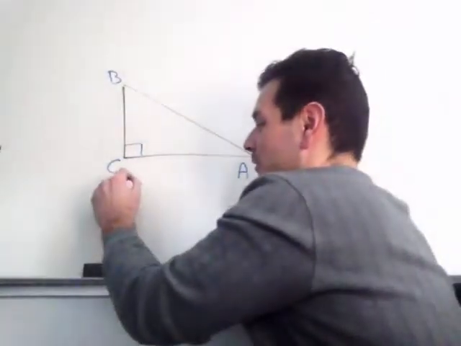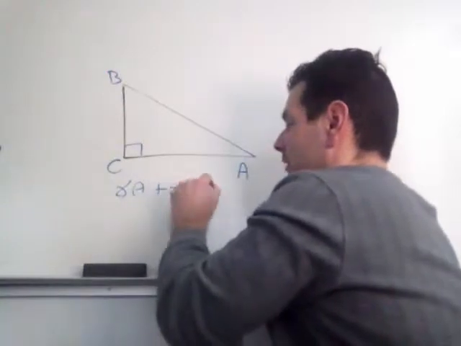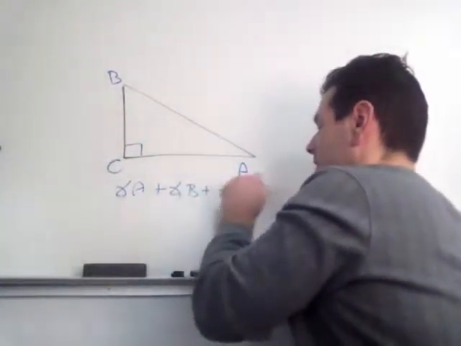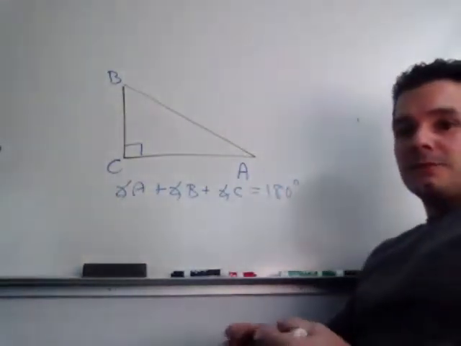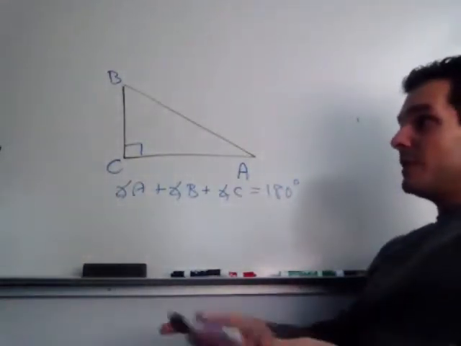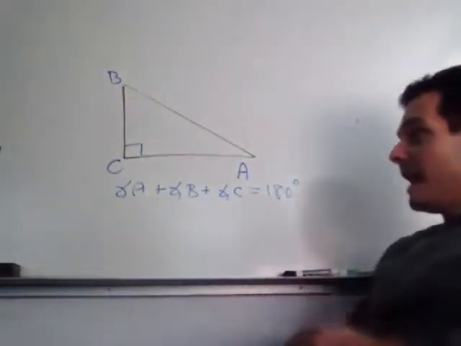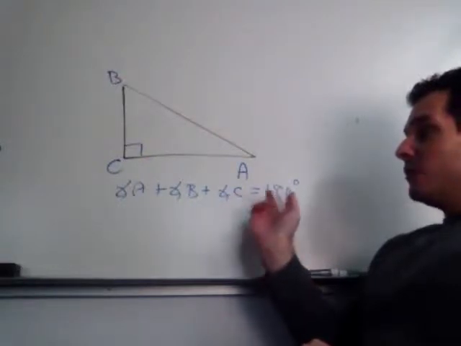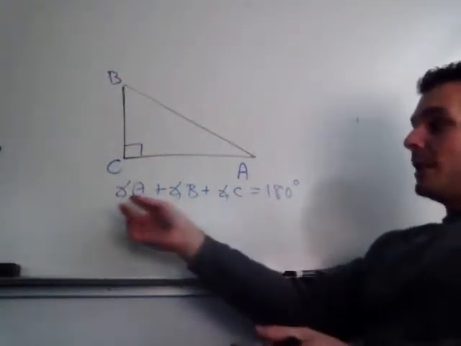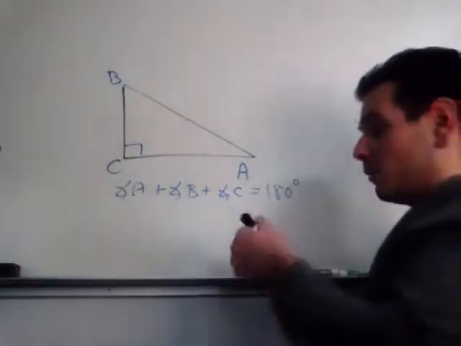That would generally be written as angle A plus angle B plus angle C equals 180 degrees. And since angle C is a right angle, with simple algebra, if you replace angle C with 90 degrees and subtract it from both sides, you get the fact that angle A plus angle B equals 90 degrees. So that's an important fact right there.